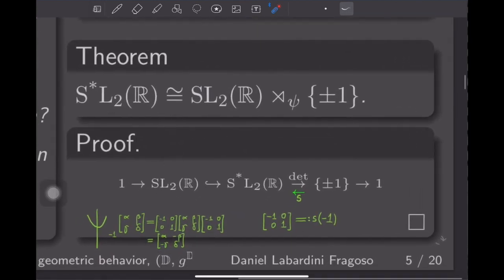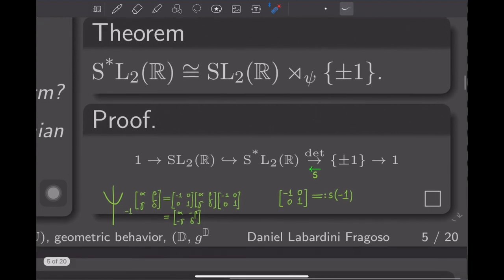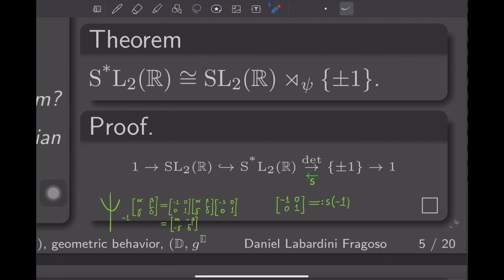If you are already well acquainted with semi-direct products and their correspondence to split short exact sequences of groups, you can see that in order to prove this, it suffices to show that this short exact sequence splits on the right, where here I have the determinant, which goes to plus minus 1, and the kernel of the determinant is precisely SL2R. To produce the splitting, we need a group homomorphism with the property that this composition is the identity here.